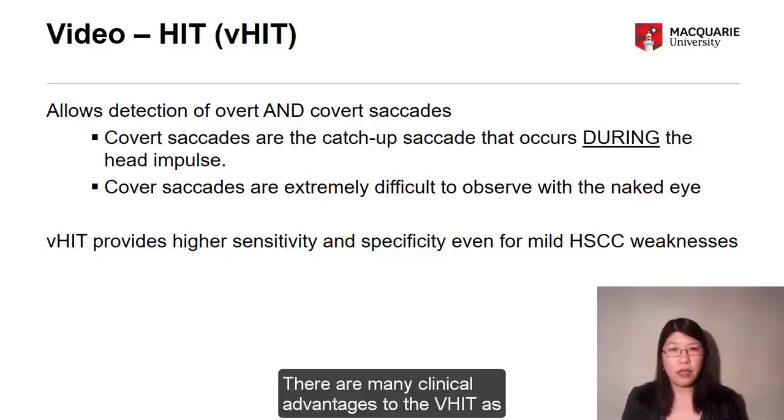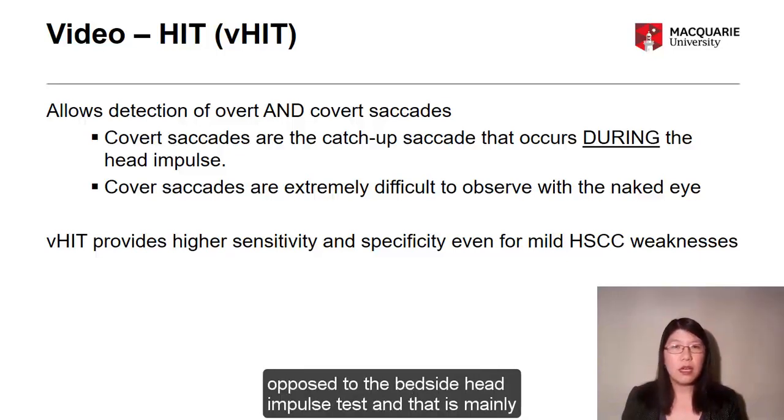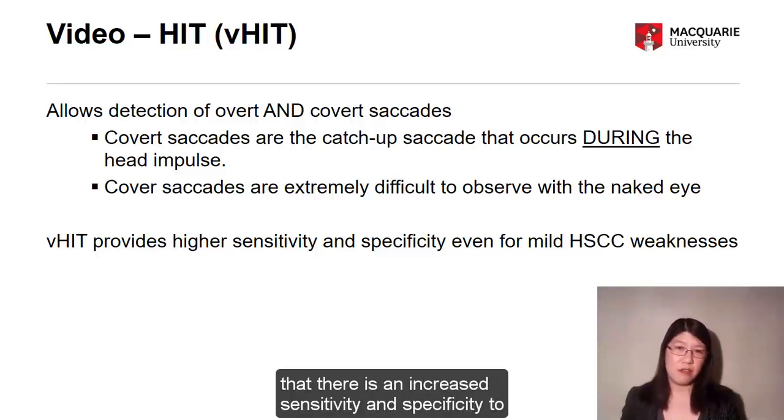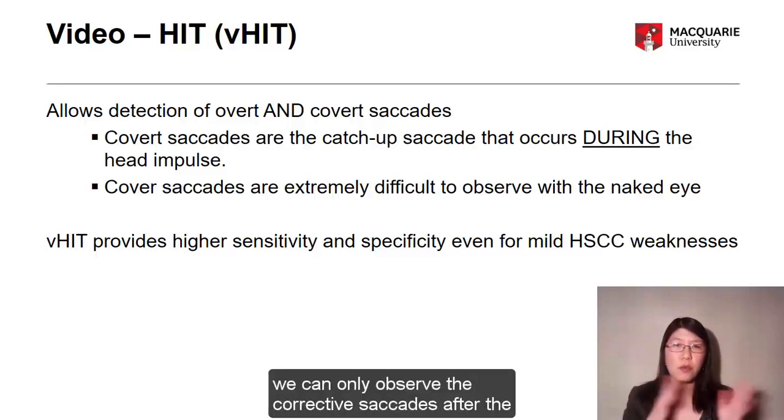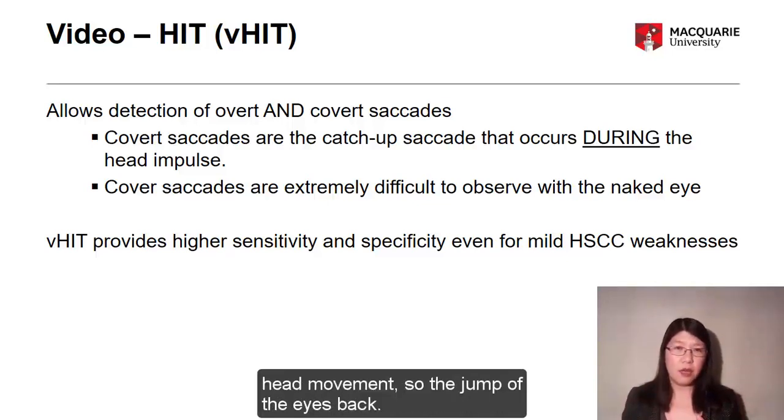There are many clinical advantages to the VHIT as opposed to the bedside head impulse test, mainly that there is an increased sensitivity and specificity to the test, but also we get further information. With the bedside HIT, we can only observe the corrective saccades after the head movement, so the jump of the eyes back.